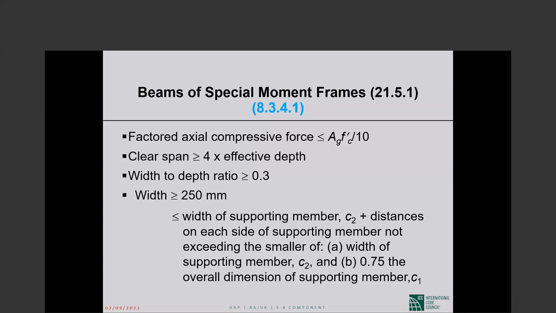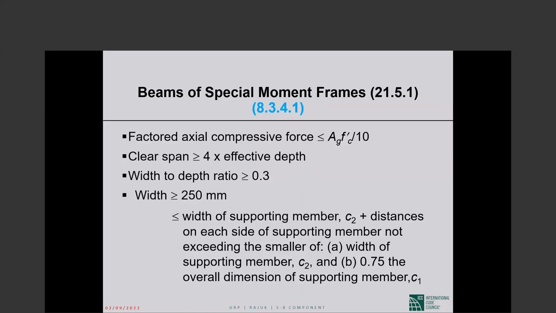Clear span larger than or equal to 4 times effective depth. The so-called slenderness ratio, the span to depth ratio shall be larger than or equal to 4. So that means deep beams cannot be part of the seismic force resisting system in design category D. Okay, so span to depth ratio at least 4, clear span to effective depth.